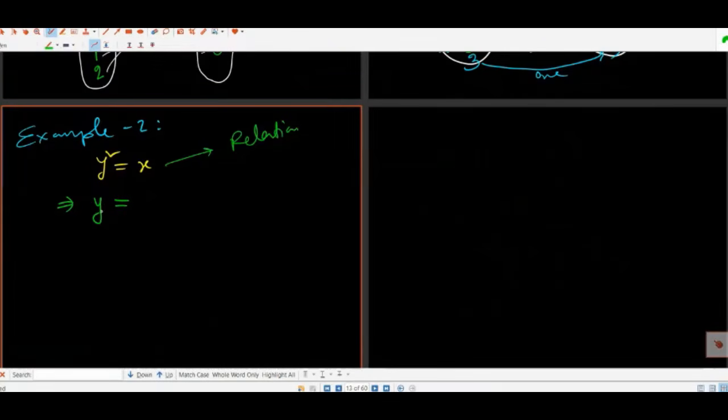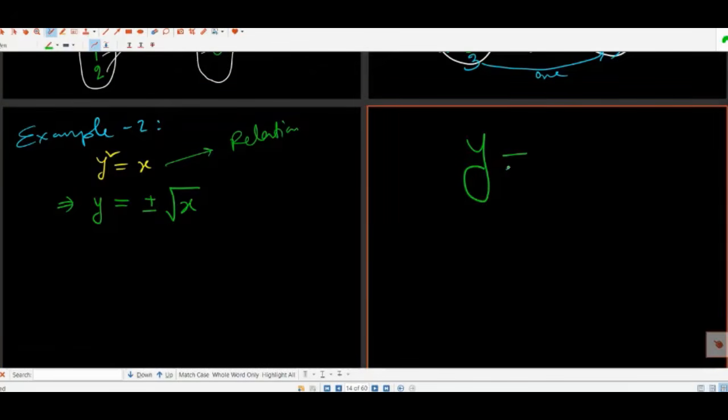If we want to keep y on the left side, we will get positive and negative square root of x on the right side. So why are we doing this type of calculation? You know that y equal to f of x is the well-known notation for a function. That's why we are targeting y on the left side.